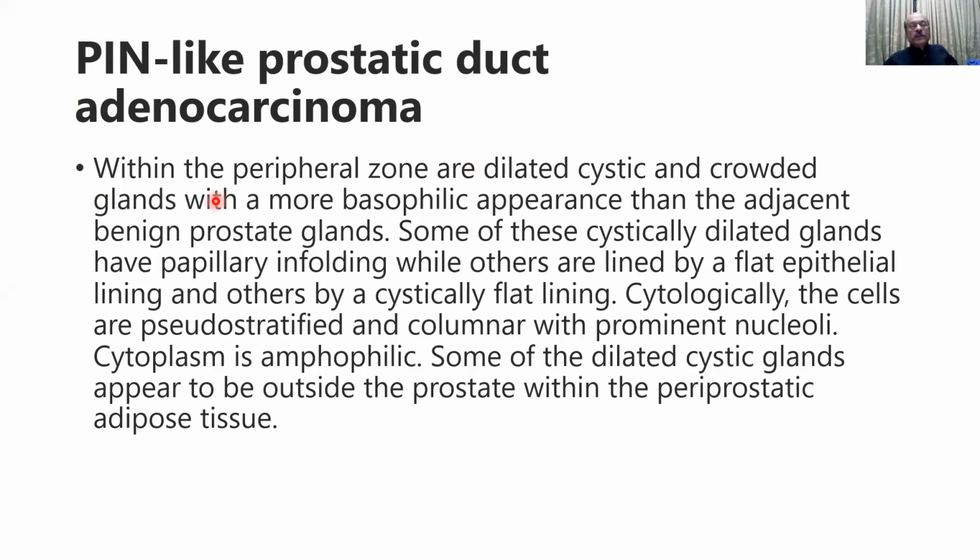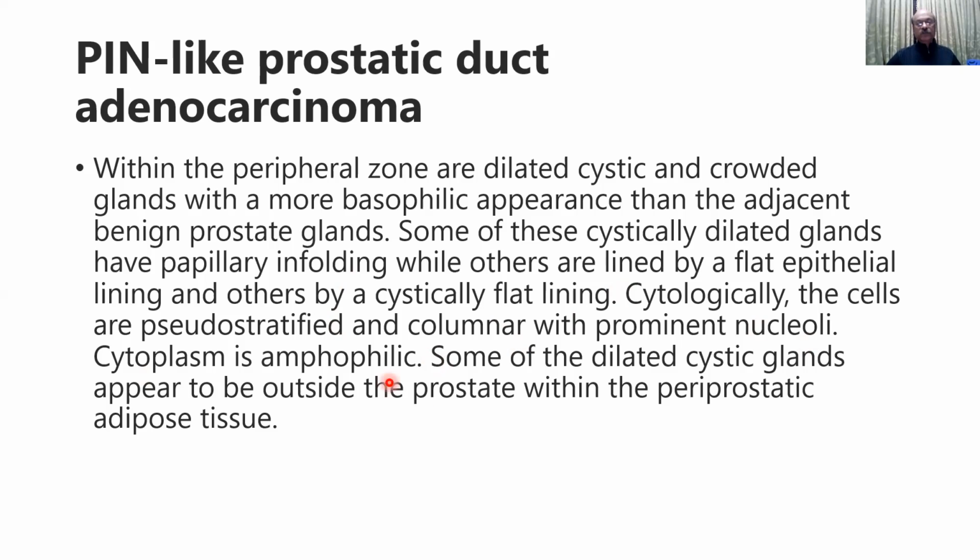So within the peripheral zone are dilated cystic and crowded glands with a more basophilic appearance than the adjacent benign prostatic glands. Some of these cystically dilated glands have papillary infoldings, while others are lined by flat epithelial lining. Cytologically, these cells are pseudostratified and columnar with prominent nucleoli.